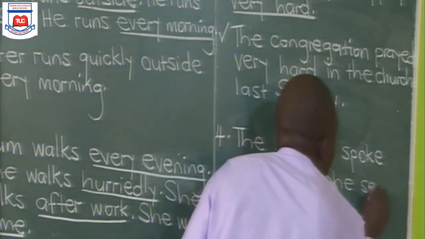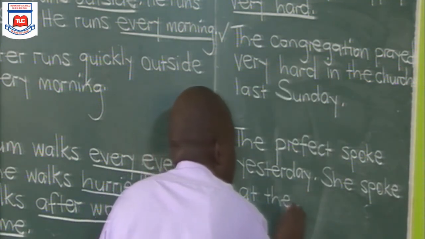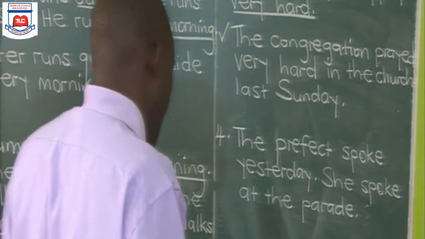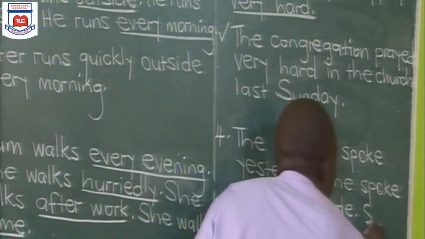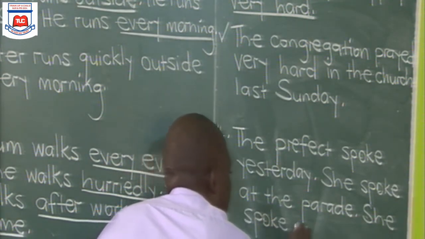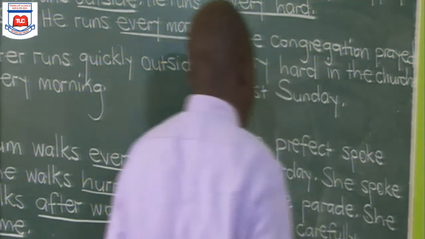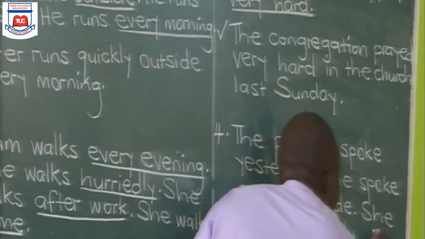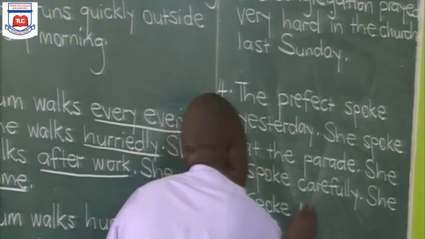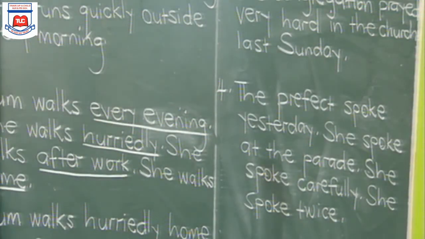She spoke at the parade. Yes. Good. She spoke carefully. She spoke carefully. Hoping you're already identifying the adverbs. She spoke twice. She spoke twice. Yes. So now we have to identify our adverbs.